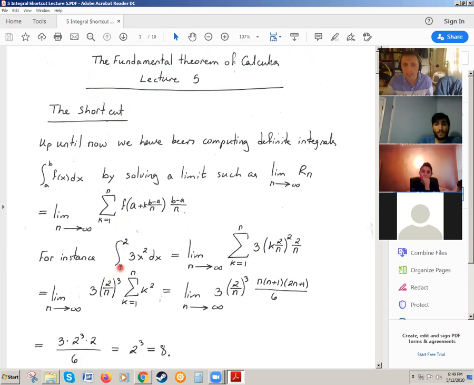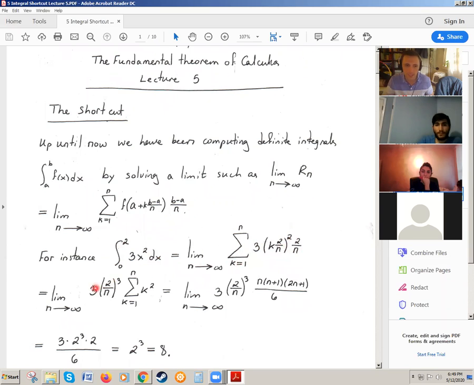So for example, if I had to calculate the integral from 0 to 2 of 3x squared dx with the information I have up until now, up until what I taught you, I would have converted it to this Riemann sum, right? You see, this means I divided the interval from 0 to 2 into n parts, and I take the limit of areas that add up on those parts. So it's 3k times 2 over n squared, times 2 over n.